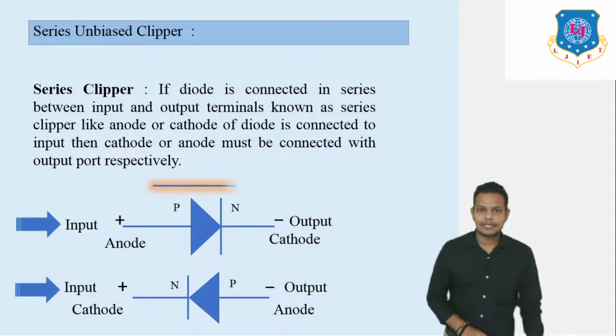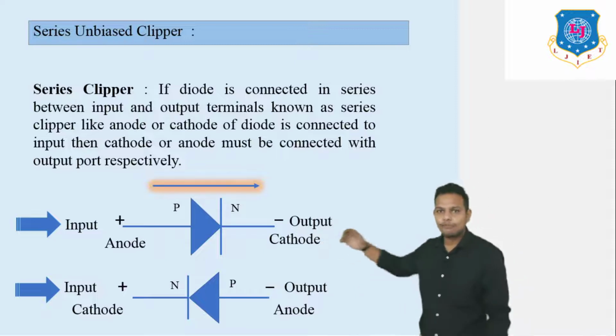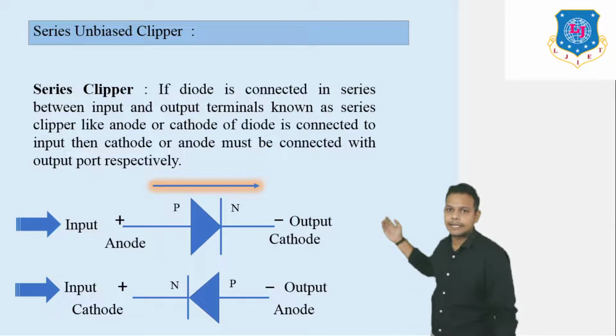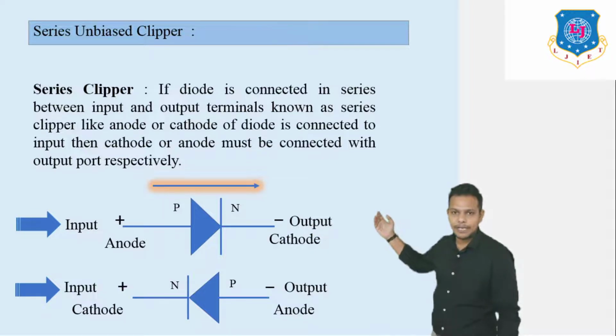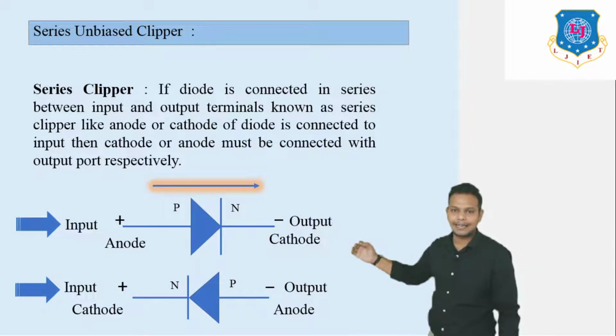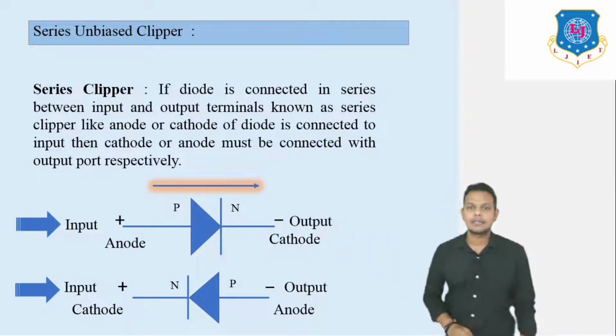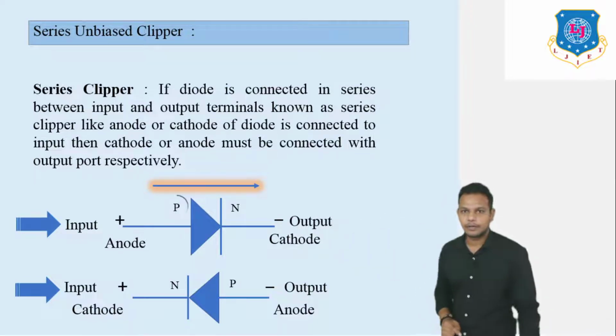Now let us discuss the flow of current. Current always flows in this direction. So if your diode's direction is input to output, that means it is a series connection, right?